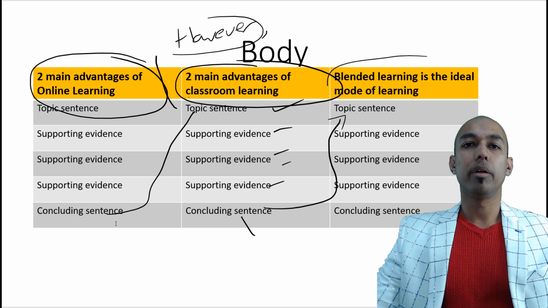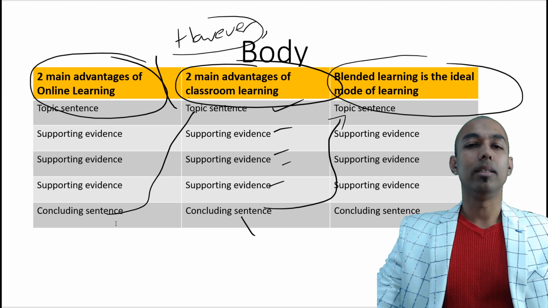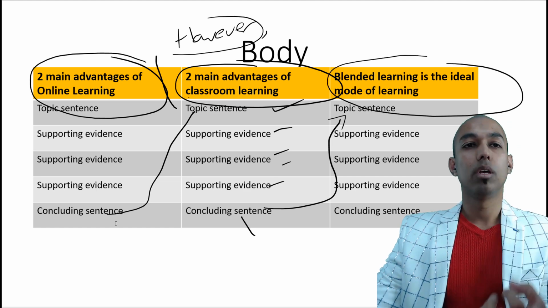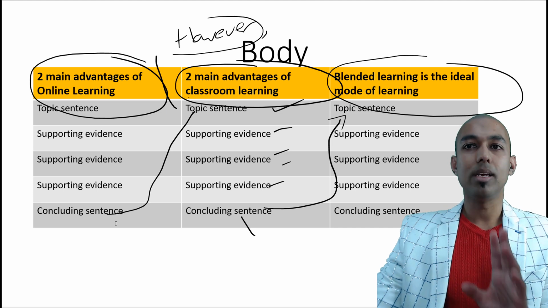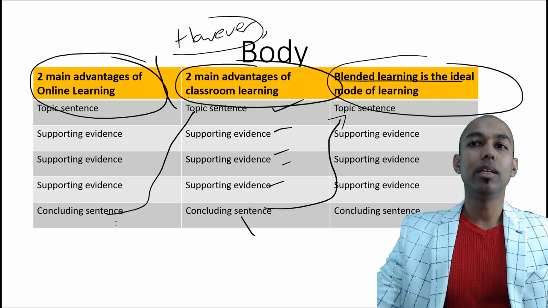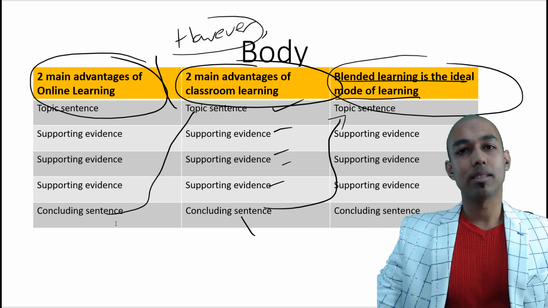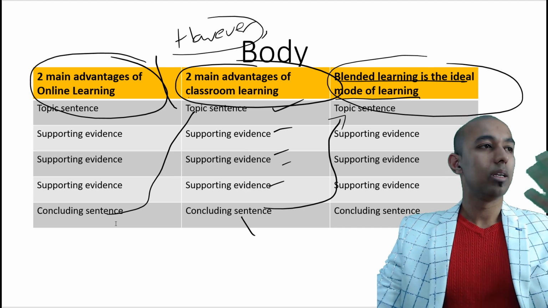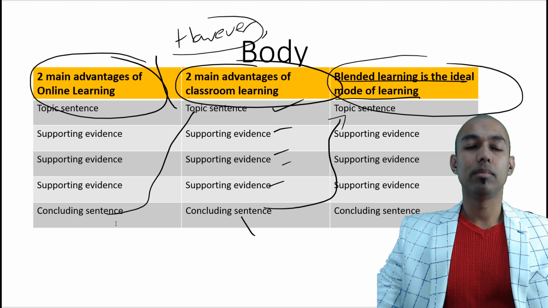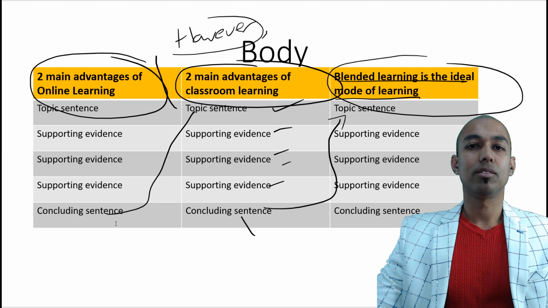As you can see here in my third paragraph, my idea is there. What I really want to convince the audience is that blended learning is the ideal mode of learning, depending on the circumstances, right? If you're studying a medical degree, then you cannot do it fully online, right?